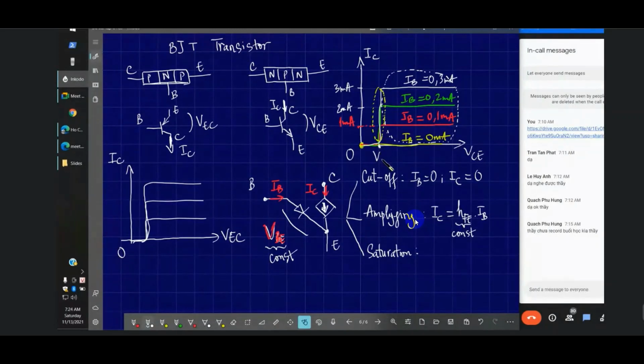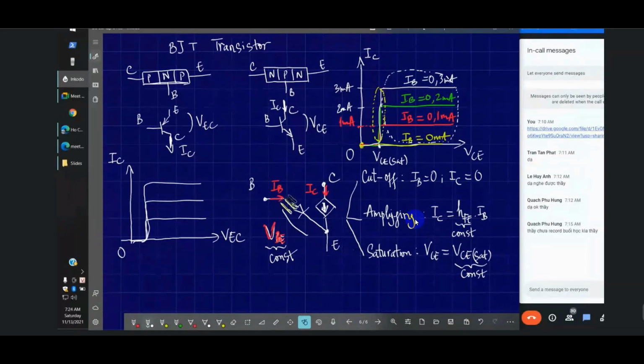We call it the VCE saturation, where VCE is equal to VCE saturation, and this is a constant, and we can find it on the datasheet of the transistor.